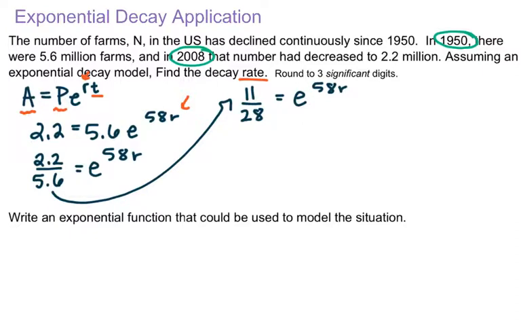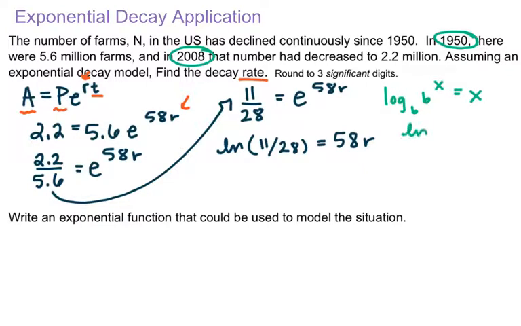So in order to solve for this, we're going to take the natural log. So the natural log of 11 over 28, the natural log of E cancels, and I end up with just 58R. We know a property we learned: log base B of B to the X equals X. Since natural log is base E and the exponential in the argument is base E, we can simplify this to 58R.